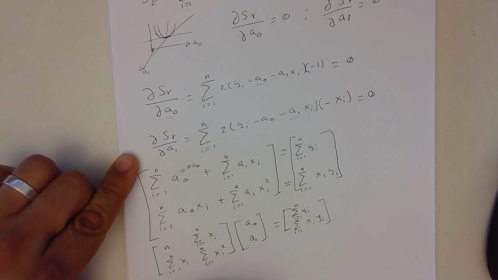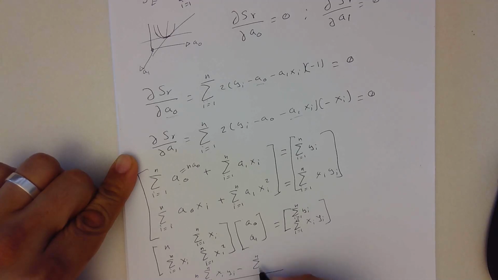Basically, we get the formulas that we know for linear regression, which are this, multiplying the summation, minus, divided by, again, the same thing, the summation of xi squared.